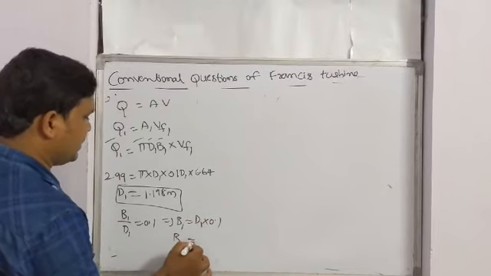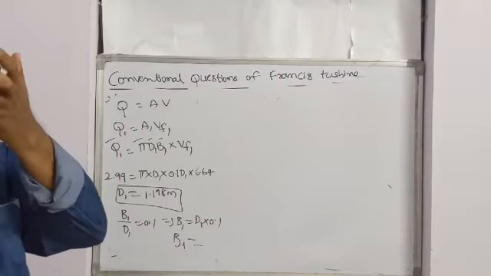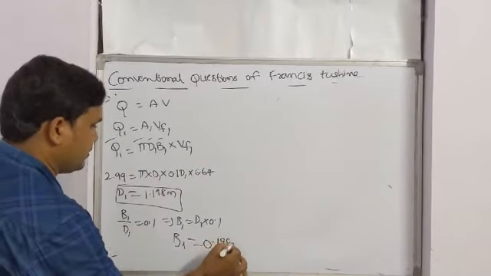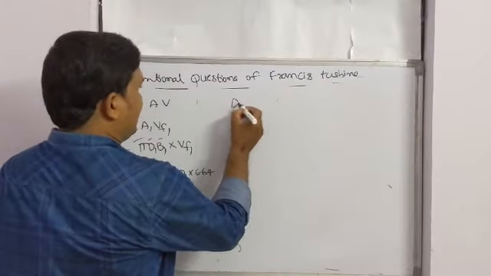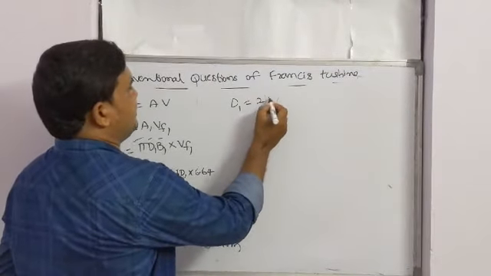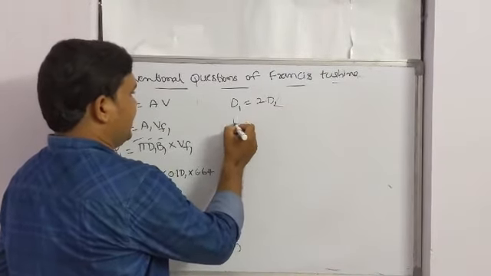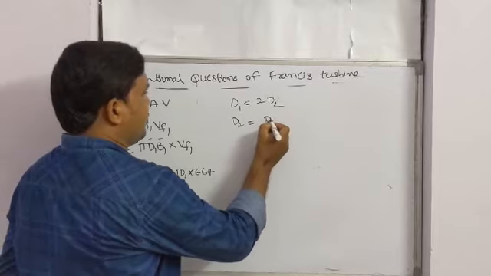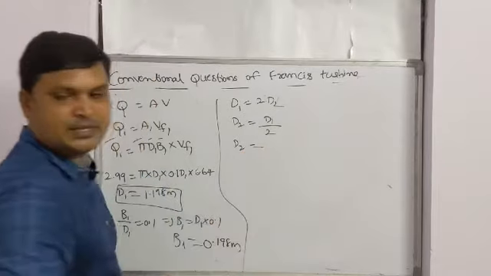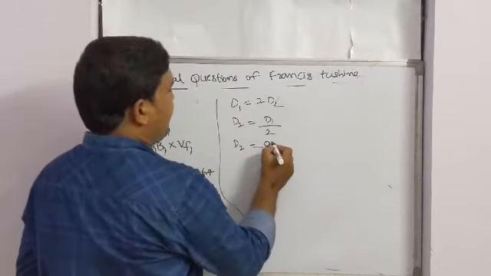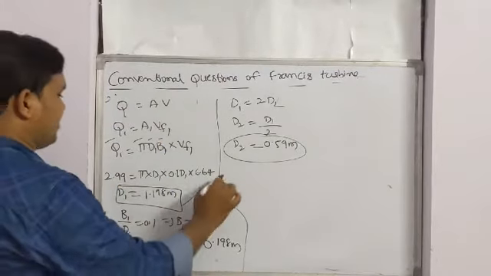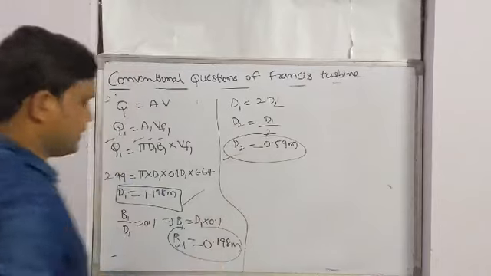Substituting, b1 is 0.198 meter. Again we know the relation d1 is equal to 2 times d2, so d2, the inner diameter, is the outer diameter by 2. Substituting, d2 we got as 0.59 meters. So the main dimensions d1, b1 and d2 are completed.